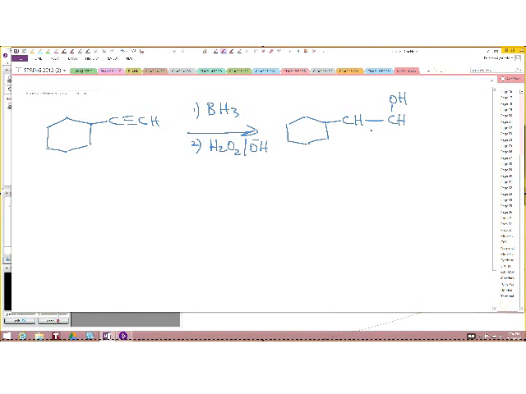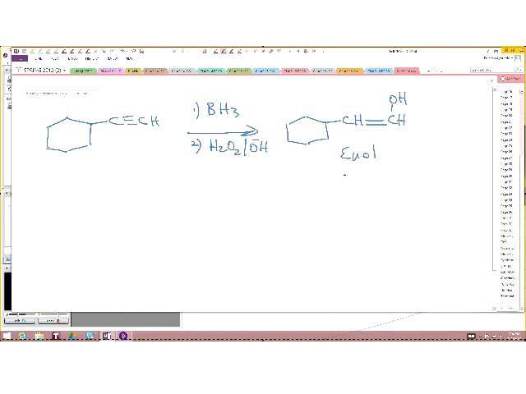Okay, good. I'm sorry about that. We don't have the double bond, we have the double bond here. Okay, the hydrogen goes to this carbon here, and the hydroxy goes to this carbon here. And this is also an enol.